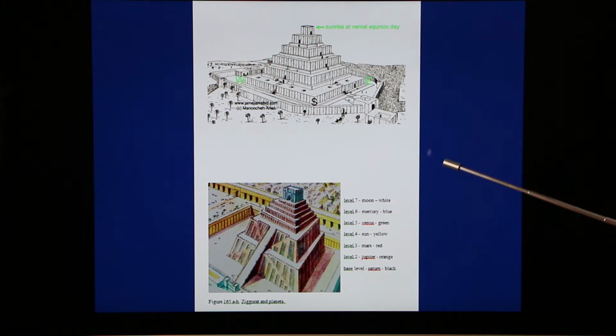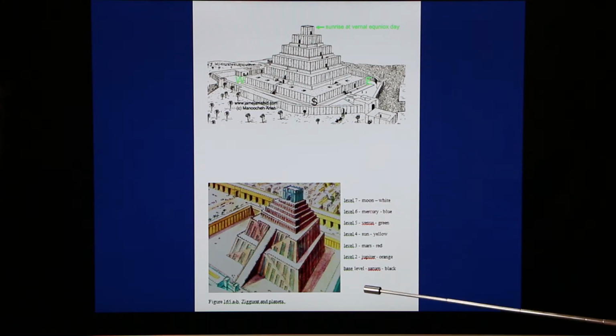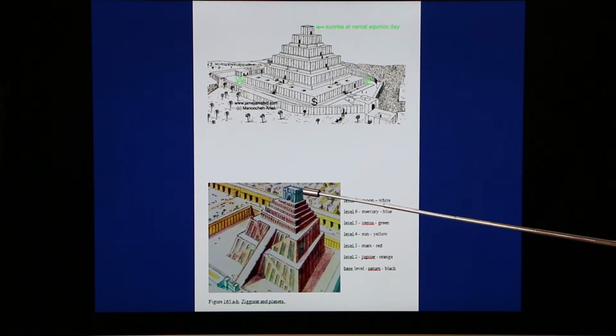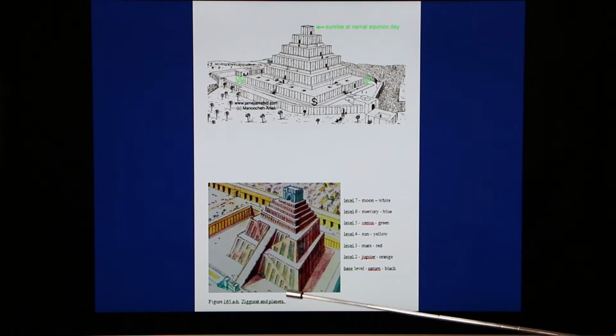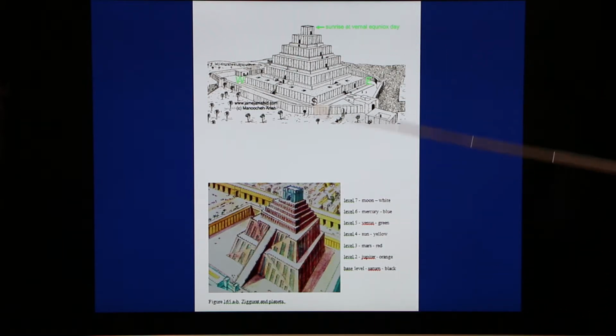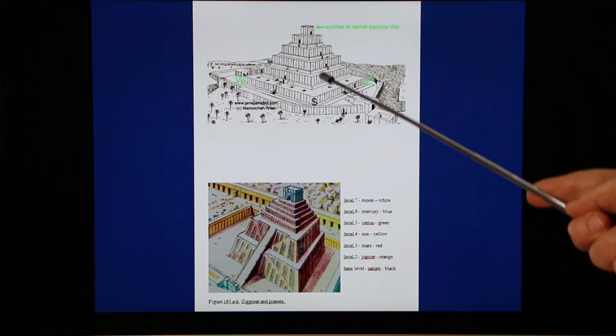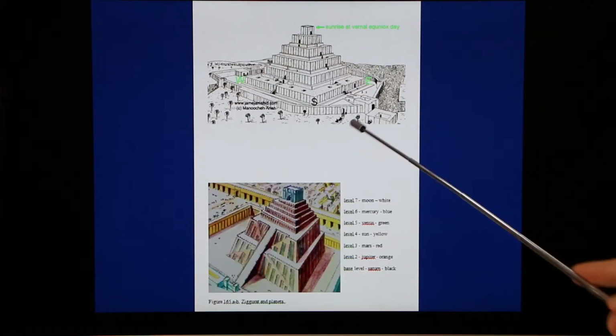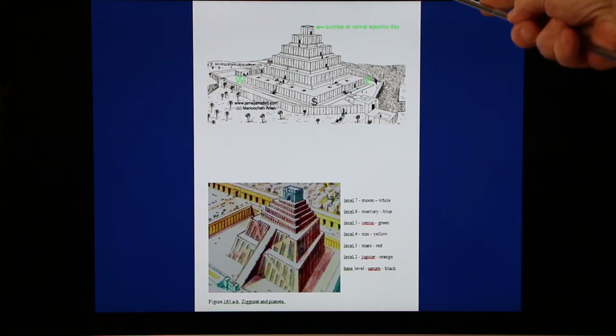Now I go to Iran. And what do I do? I create the first ziggurat. And the ziggurat becomes 7 levels, starting with the moon and going down to Saturn. 7 colors, 7 days, and it's positioned so that it's like a diamond shape. See, this is south and that corner is north.